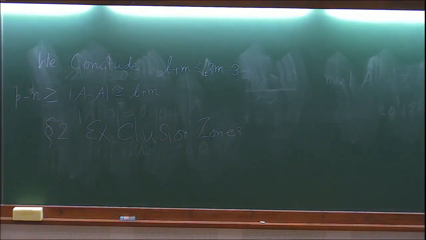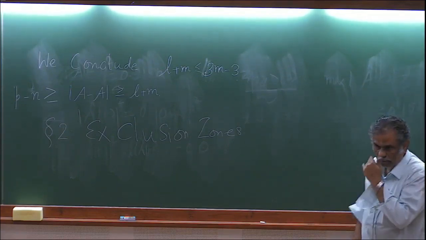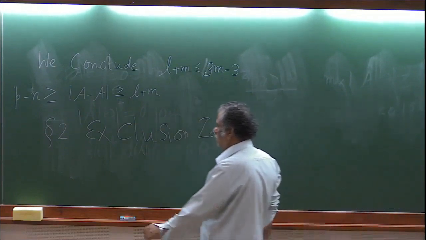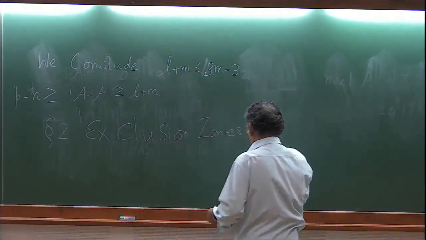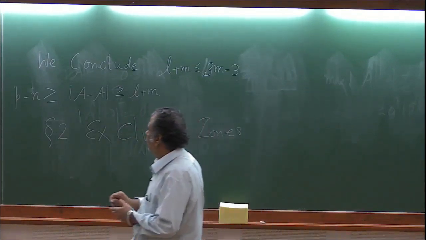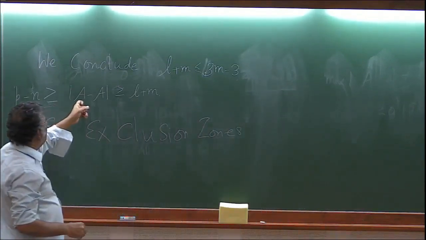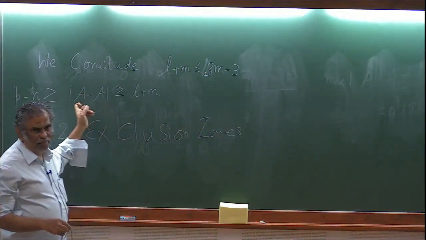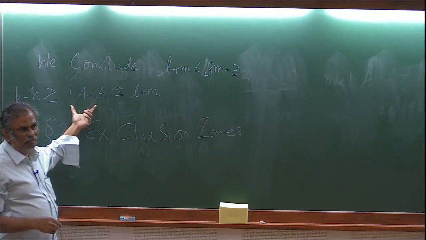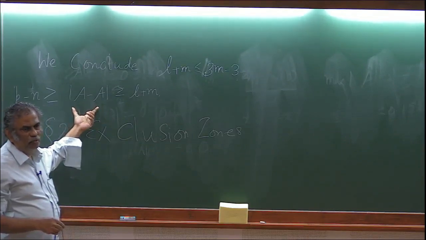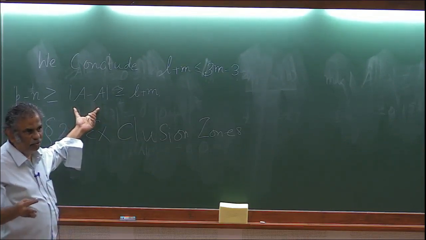Therefore, let me write that. Mostly I will be starting on A minus A rather than A plus A. The advantage of A minus A is that if I prove a certain theorem for A, then the same theorem holds good for the translation of A also.